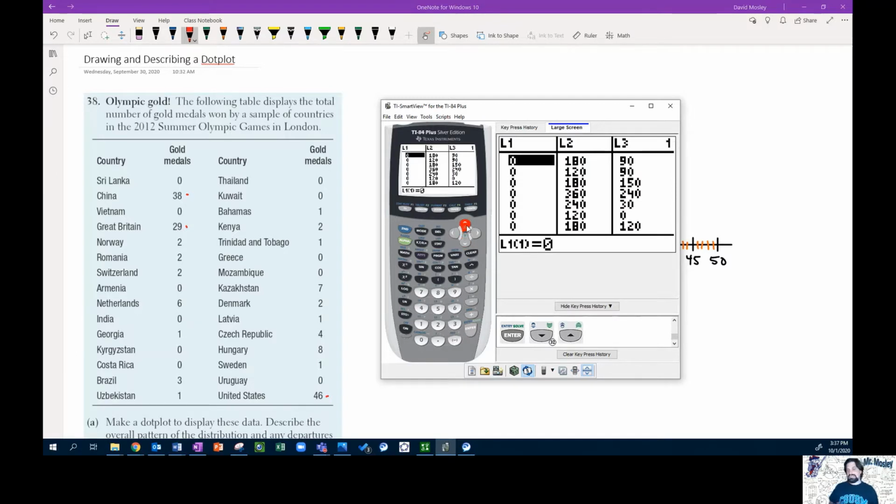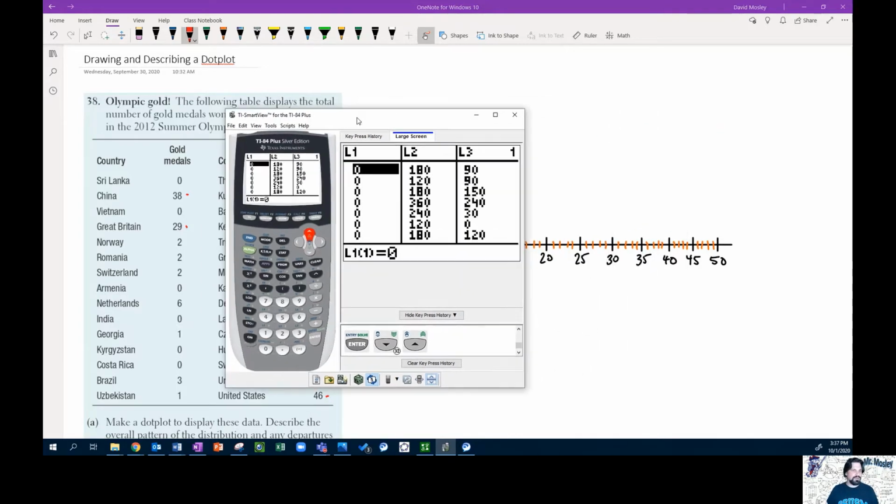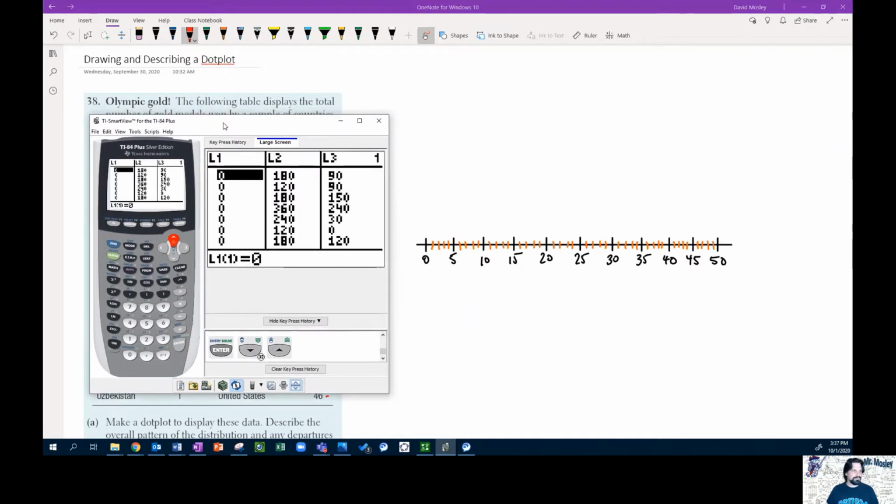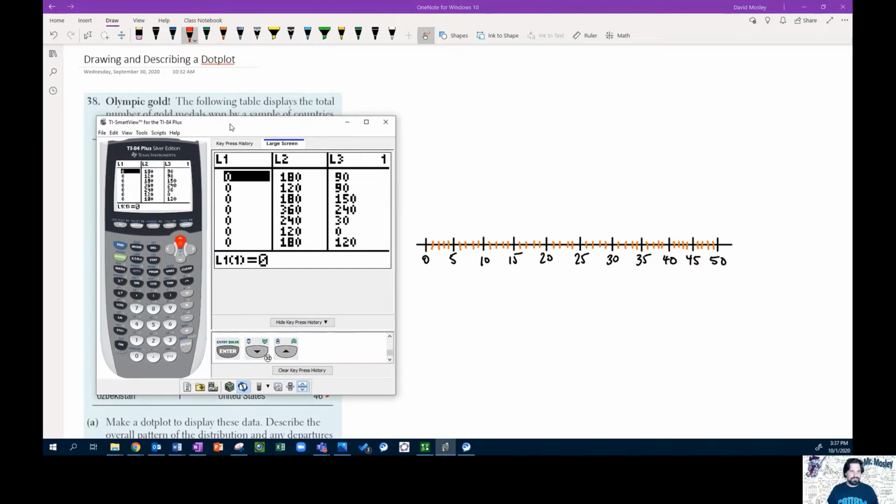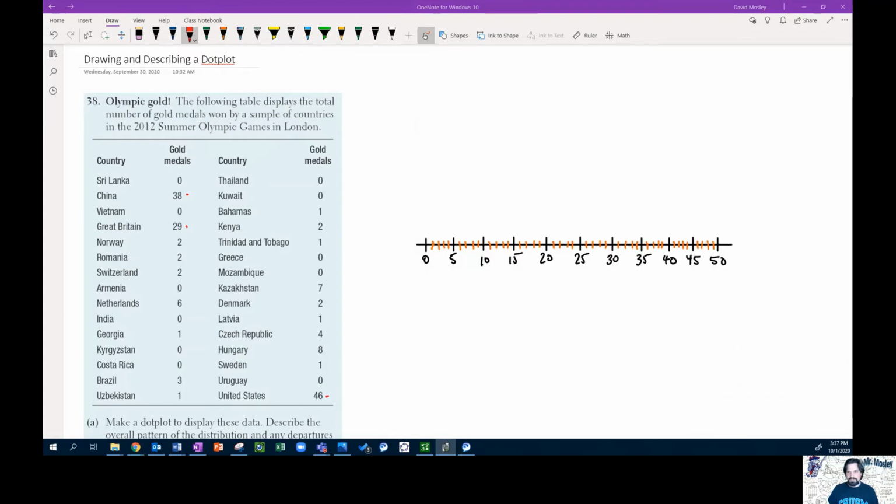So now I can very easily put my calculator right next to my paper and put in all of my points for my dot plot, rather than having to risk missing some of them because we're not going in perfect order. So my calculator is organized. I'm going to put it off the screen here so I can use it, and I'm going to go through and make my points.